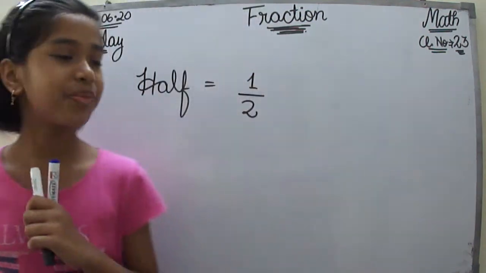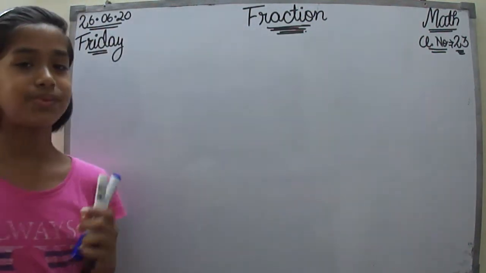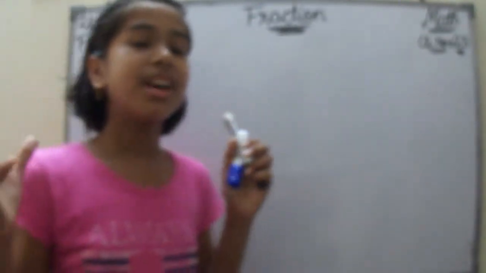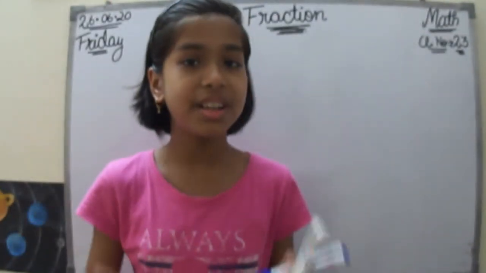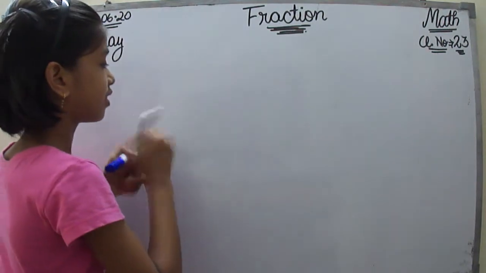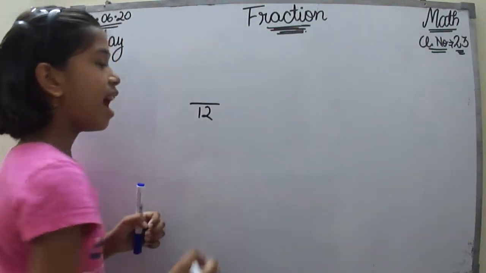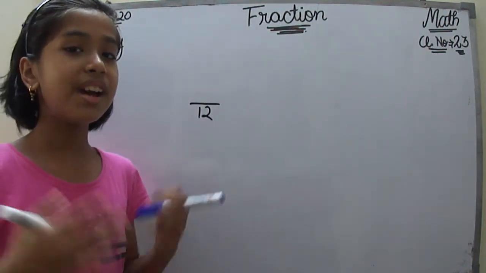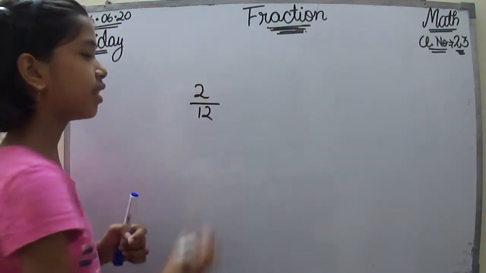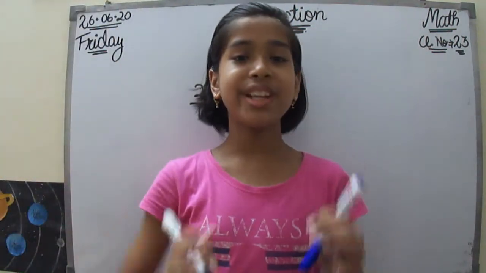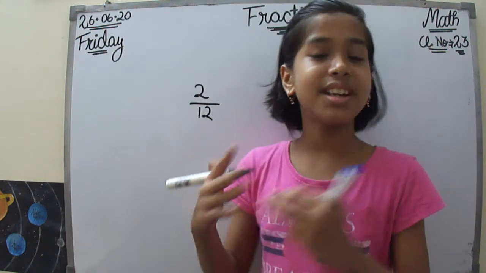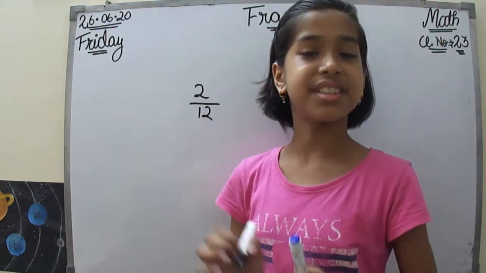Let me tell you. So if we get the whole, how many eggs are there in total? 12 eggs. And how many are you using? 2 of them. Now, as we all know, this fraction is just a division problem, so we can divide these.